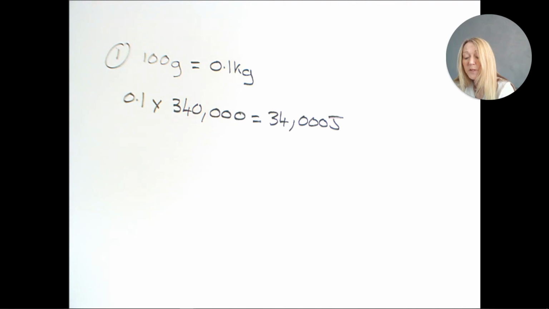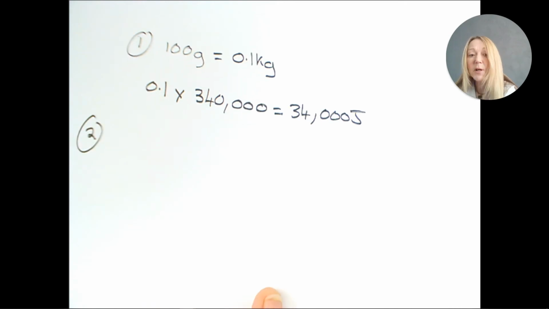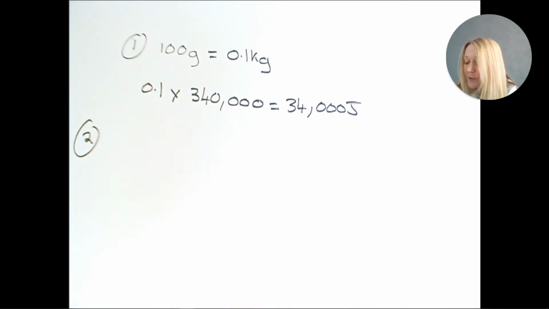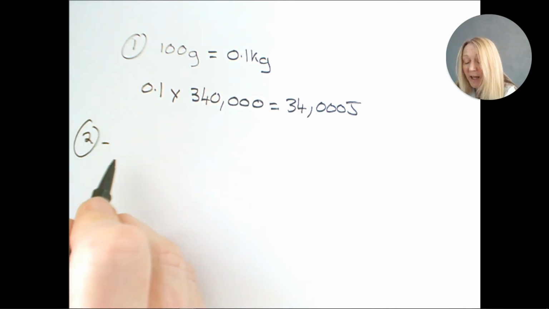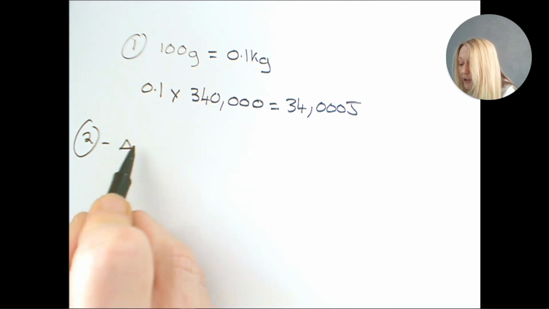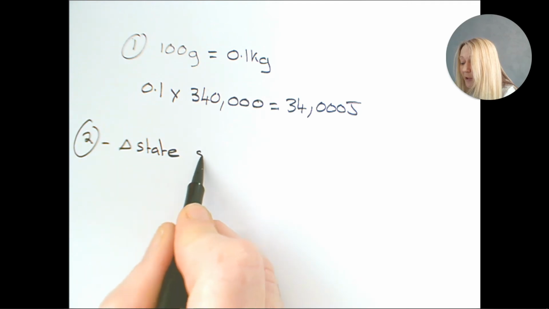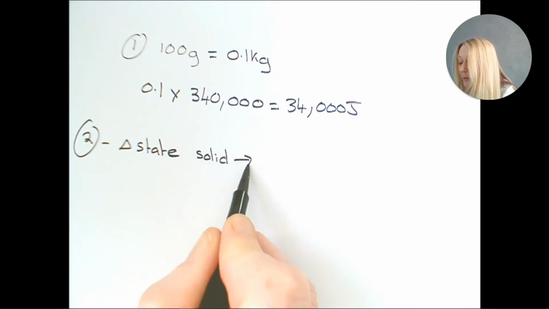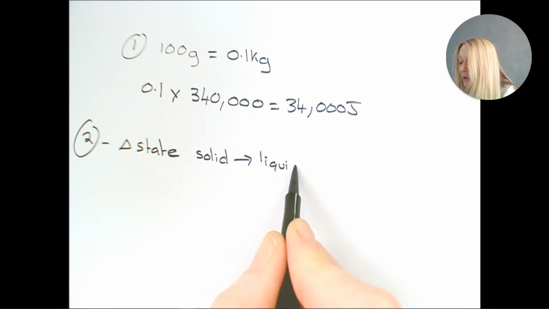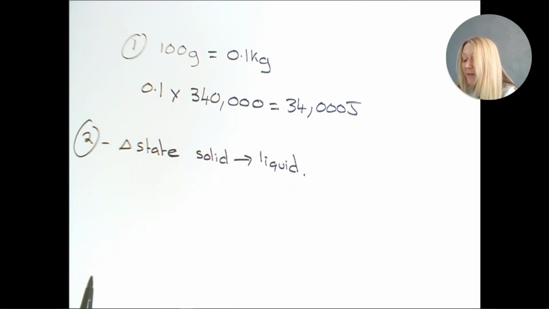Now the second one, again, we needed to look at both equations. So the first part of this was to change the state. We have this change of state from a solid to a liquid. So again, we're looking at the latent heat of fusion.